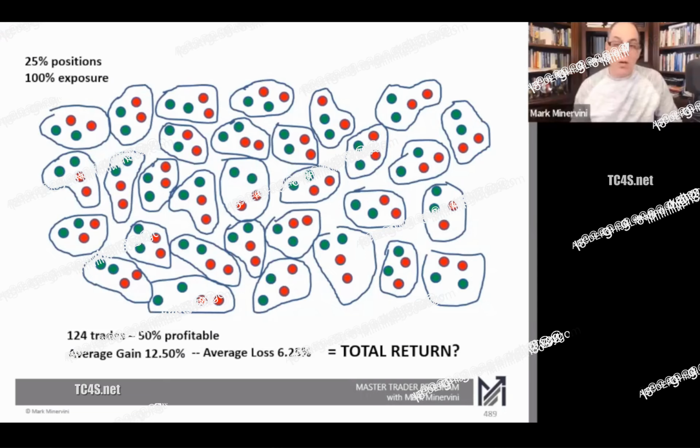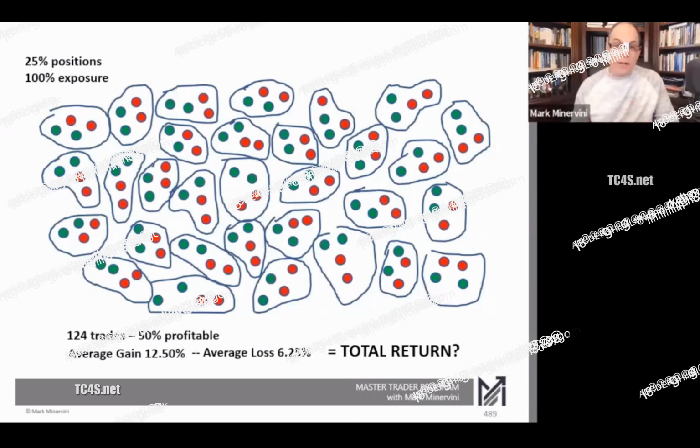The only difference is now you're allowed to buy 4 stocks and go up to 100% invested until you buy the next 4. Previously, you couldn't buy another stock until you sold that 25% position and you maintained 75% cash. Now, if 4 stocks happen to set up, you buy one, another one sets up, you can go up to 100% exposure in this example.